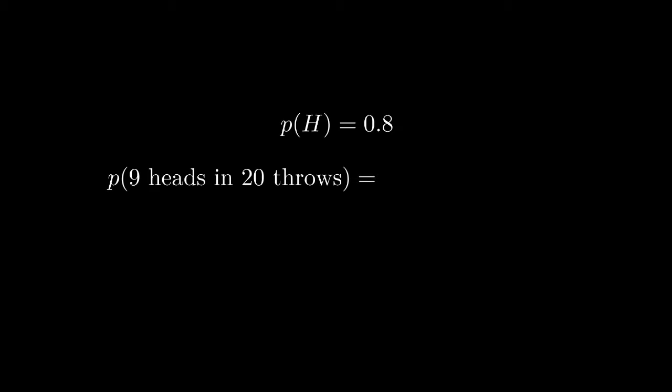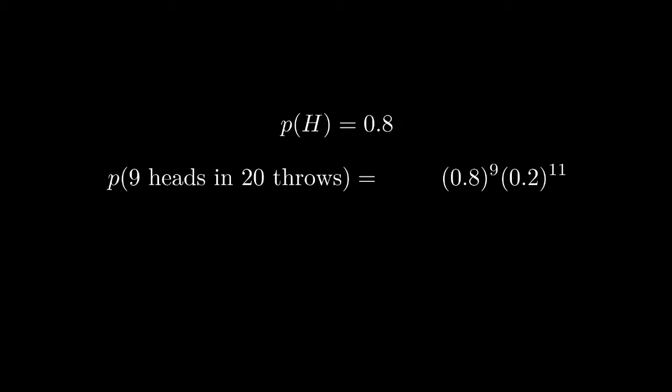First, we've observed 9 heads, each of which has probability 0.8, which gives us 0.8 to the 9th power. We also observed 11 tails, each with probability 1 minus 0.8, which is 0.2. Note that this actually represents the probability of one particular chain of throws.